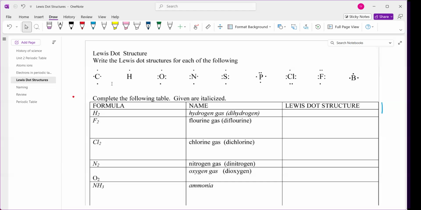Oxygen has 2 singletons and 2 pairs. Now again, pairs are going to stay paired up and they don't bond, except for that one exception, that coordinate covalent. So oxygen has 2 singletons, 2 bonds. Nitrogen, 1 pair, 3 singletons, so 3 bonds. Now I want you to notice something. On the periodic table, what is underneath oxygen?